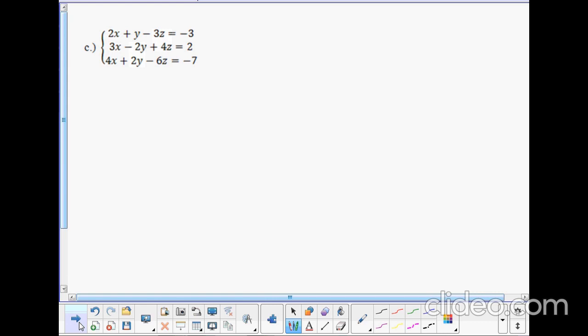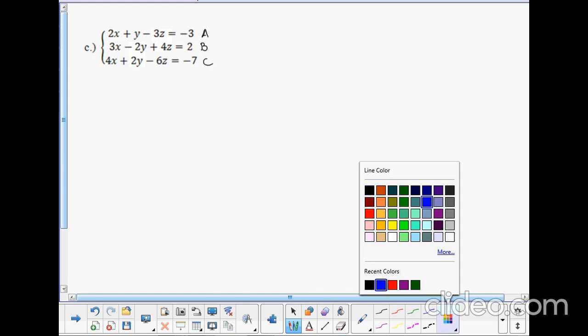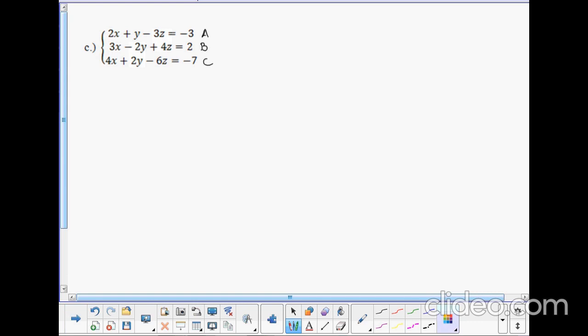I'm going to label the equations. You don't necessarily have to do this, but it makes it easier for me to explain what I'm working with. As I take a look at A, B, and C, I may notice that I can easily eliminate the variable y. If I just take B and add that to C, that's going to get rid of y.